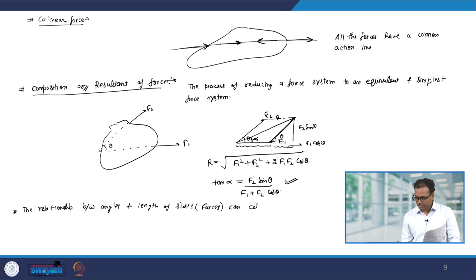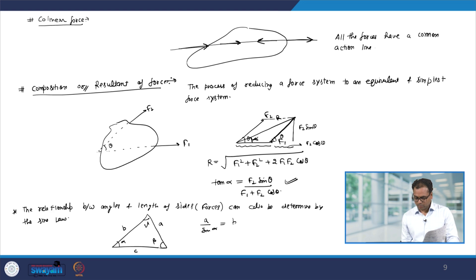They can also be determined by the sine law. So, this is something we know. Suppose I have a triangle and the lengths are A, B and C and the angles are alpha, beta and gamma, then the sine rule is A over sine alpha equal to B over sine beta equal to C over sine gamma.